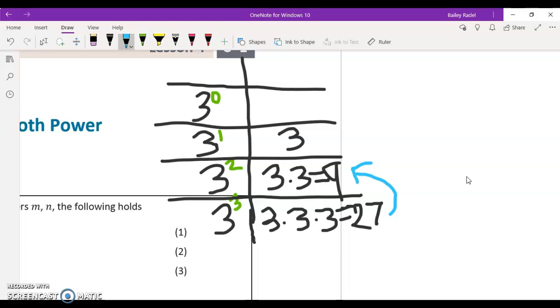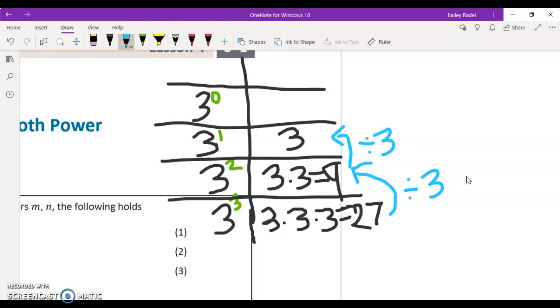We can do 27 divided by 3 equals 9. Let's see if this pattern works from 9 to 3. We can divide 9 divided by 3 and get 3.